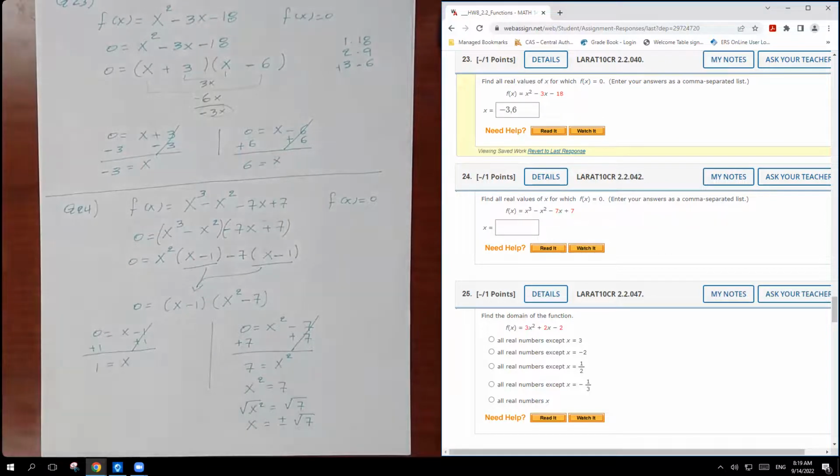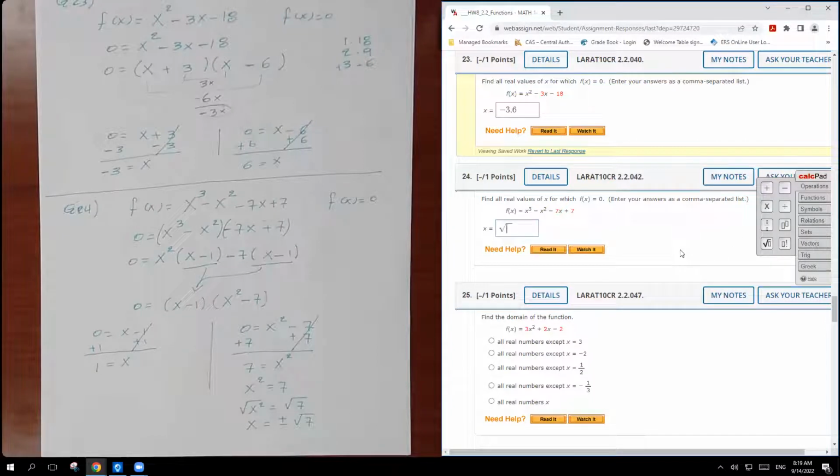So that means, you see the highest exponent 3. That means we're going to get 3 solutions, or 2, or 1, or none. But in this example, we have 3 solutions. So I'm going to say the square root of 7 and comma. Be careful.